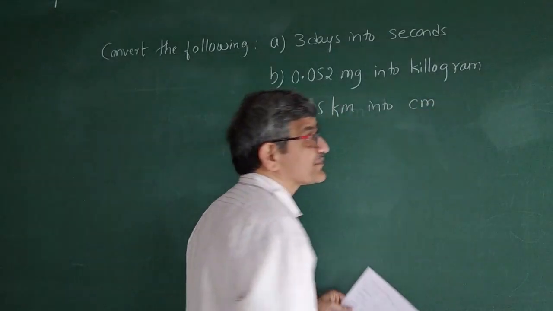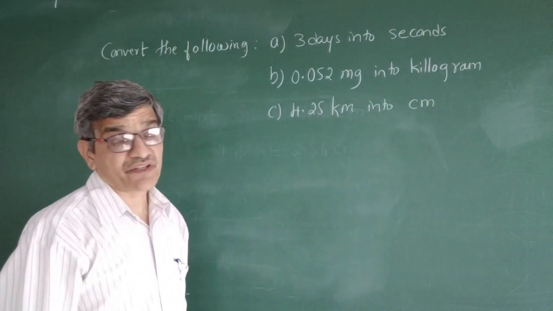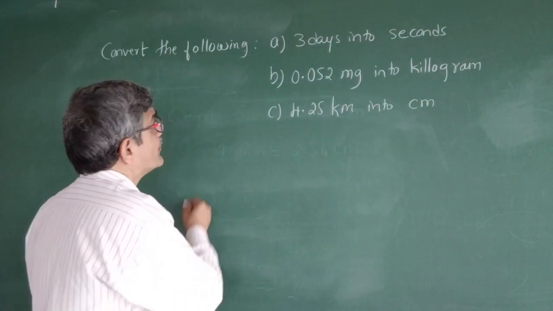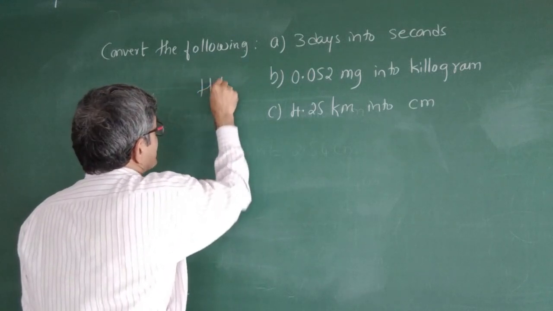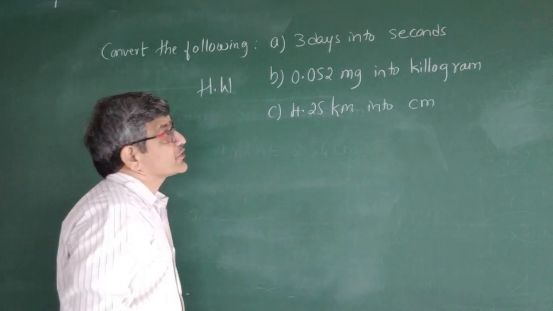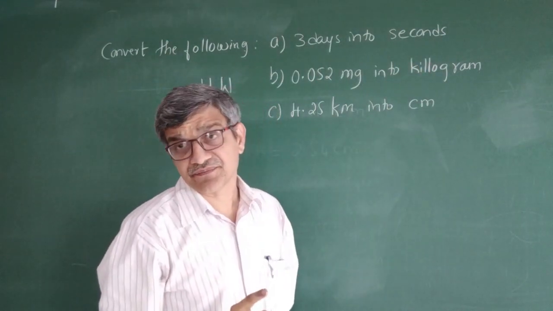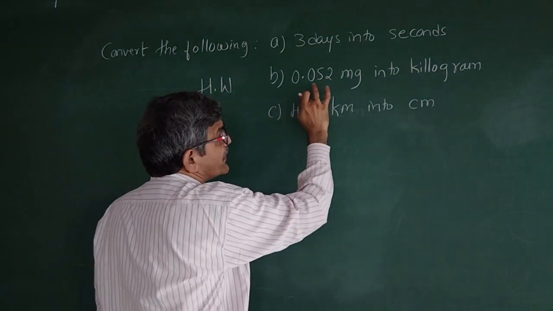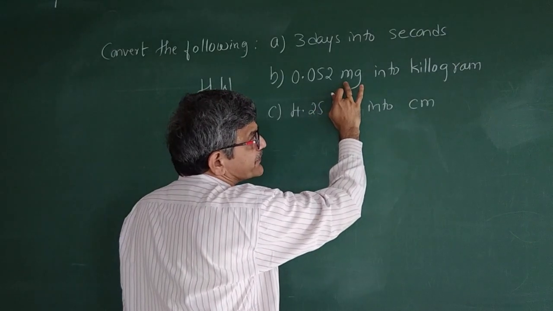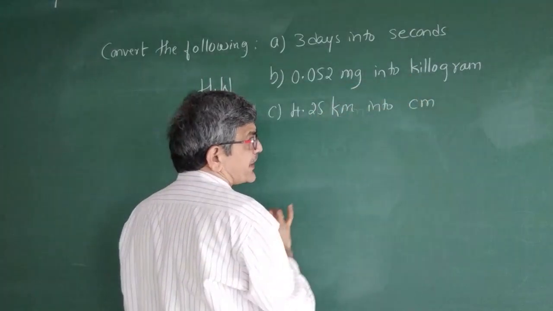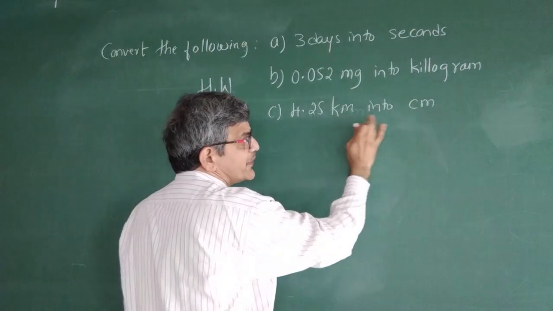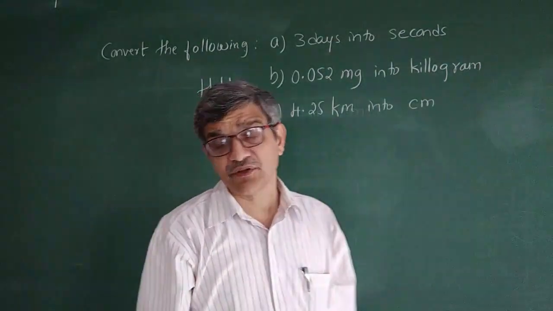Okay, so you have to convert this. I am leaving this as a homework. You have to convert 3 days into seconds by using what? Unit factor. Then 0.052 milligrams you have to convert into kilograms. 4.25 kilometer into centimeter. So that you have to do.